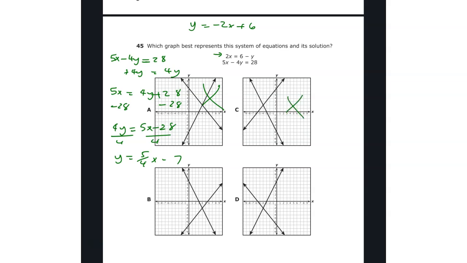Nope. The negative slope should be at 6 and the positive slope should be at negative 7. So this is our best graph here.